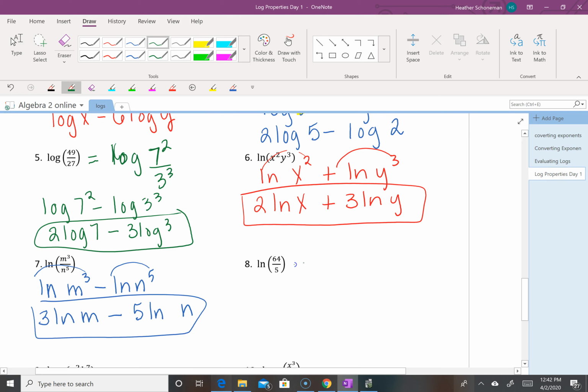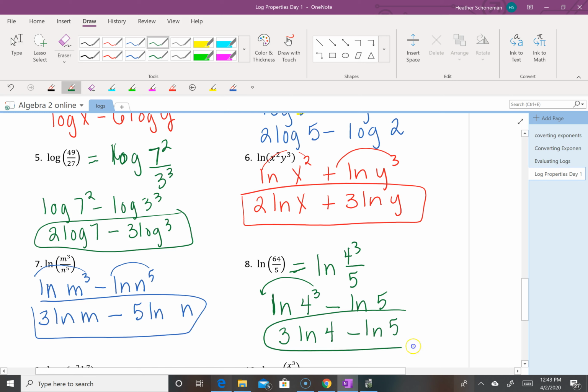So I'm going to rewrite this as the natural log of 4 to the third over 5, because 5 I can't rewrite. It's division, so it's subtraction, so it's natural log of 4 to the third minus the natural log of 5. But this one has an exponent, so it has to come out front, so I have 3 times the natural log of 4 minus the natural log of 5. And that's my final answer.